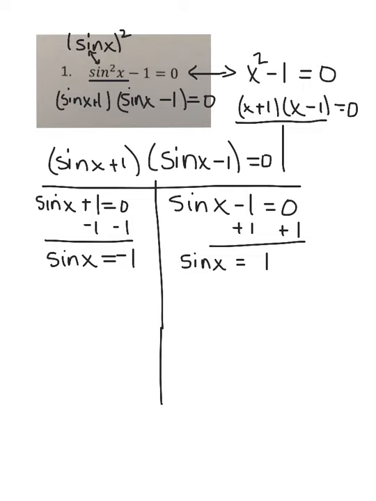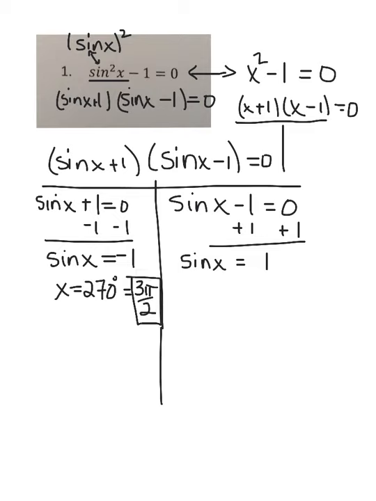If you look, I think it's on page 4 of your previous notes from unit 4, you would see that the angle whose sine is negative 1 is simply 270 degrees. So x is going to be 270 degrees. And there is no other angle measure that has a sine that's equivalent to negative 1. So we just want to put this in radian form, so that would be 3 pi over 2.